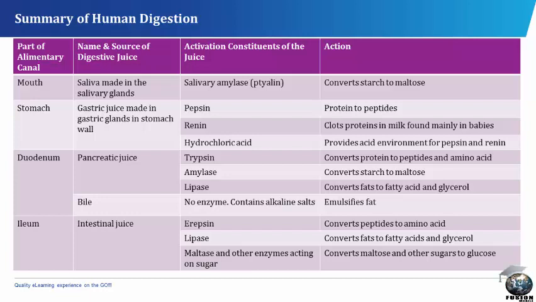In the ileum, the intestinal juice is produced, and the active constituents of the juice are the erepsin, the lipase, the maltase, and other enzymes acting on sugar. The actions include: one, converting peptides to amino acid, converting fat to fatty acid and glycerol, and converting maltose and other sugars to glucose.